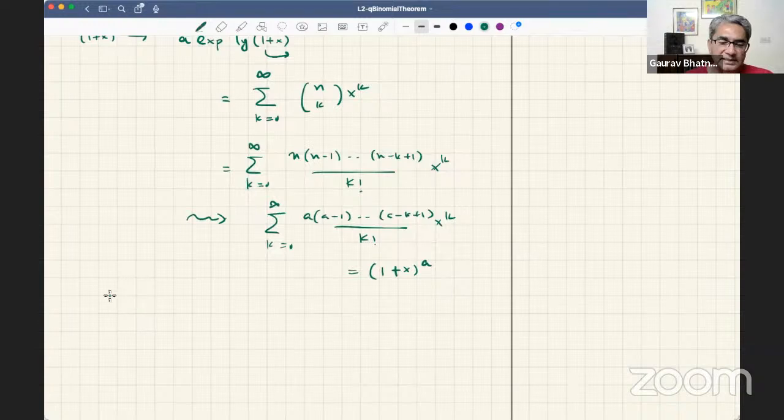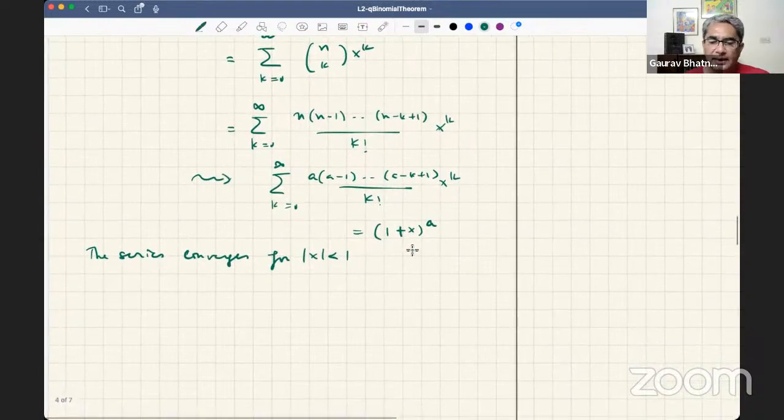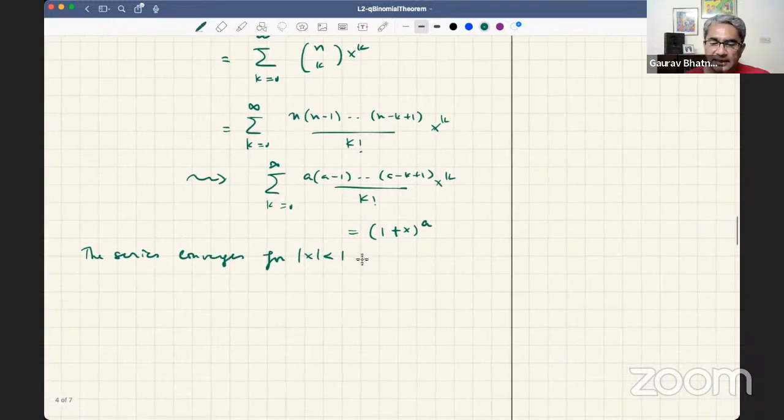So this makes sense. The series converges for absolute value of x less than 1. And in fact, that is Newton's result. So I will outline a proof using calculus in the exercises.